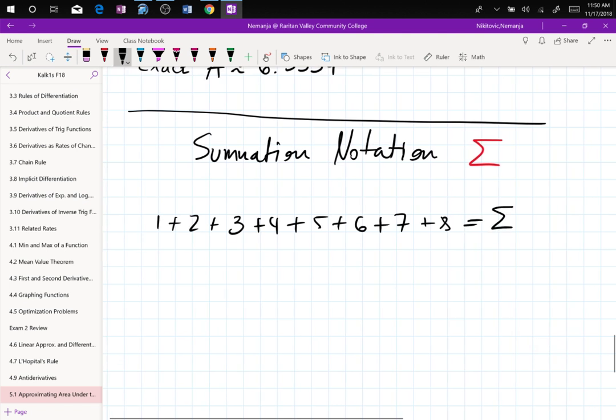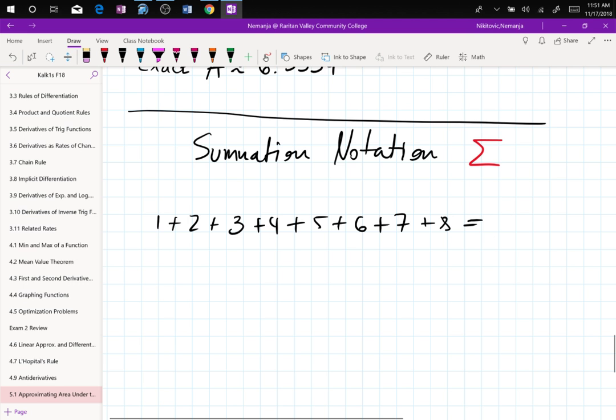I can just write summation of i, where i starts at 1 and ends at 8. When you're done writing, I have to write this one more time, because I need you to look at the board as I am saying things.